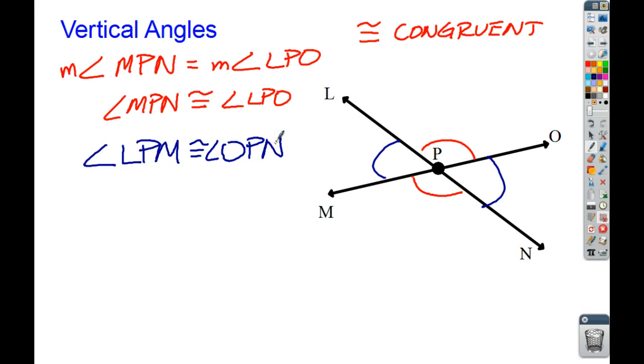You've got to be careful when you use these symbols. We've got to make sure that we're very neat when we do this, so that this angle and my L don't get confused. Oftentimes we actually don't use L for that reason. And then let's talk about the angle measure. So the measure of angle LPM is going to be equal to the measure of angle OPN. So if this angle is 40 degrees, this angle will also be 40 degrees. And that's vertical angles.